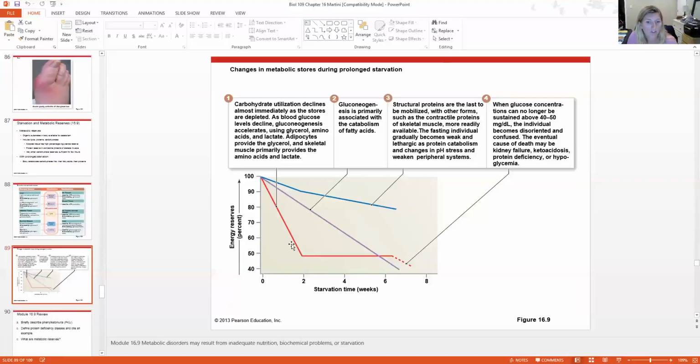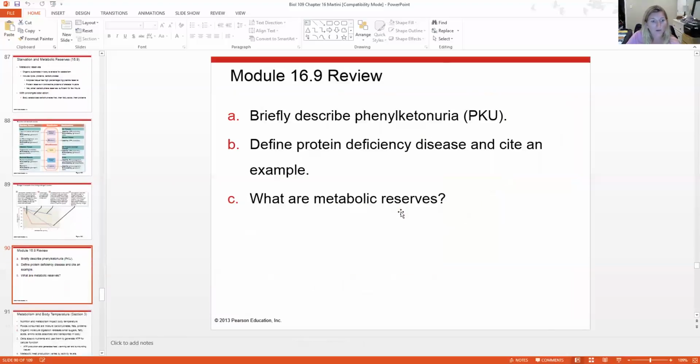Notice the very sharp decline in carbohydrates, followed by a thinner line of lipids, fatty acids, and then proteins don't decline until after about 6 weeks. I mean, they do decline, but not dramatically, because your proteins are your muscles, your skin, your hair, your nails. So that's basically what your body is. So the proteins are going to be the last thing to be used. You can pause the video here, go back and review.